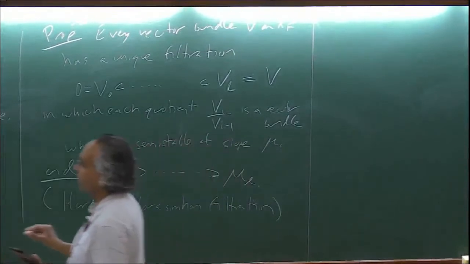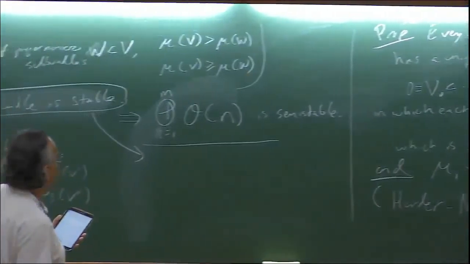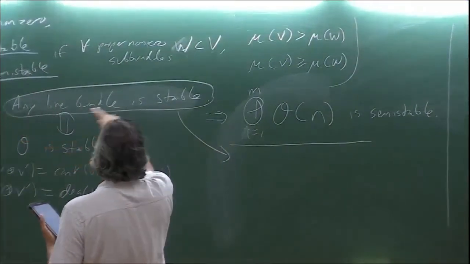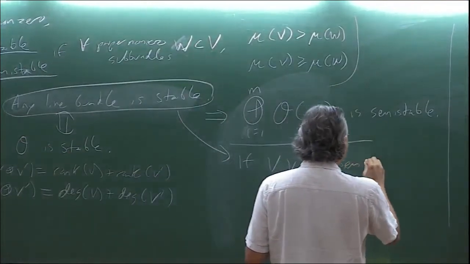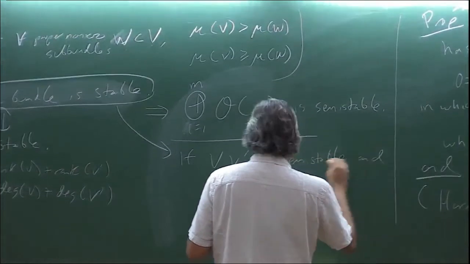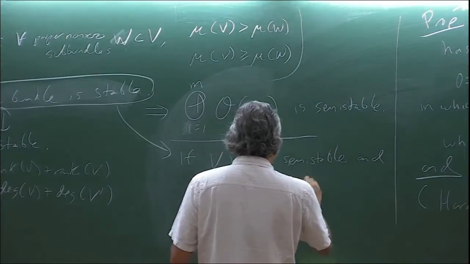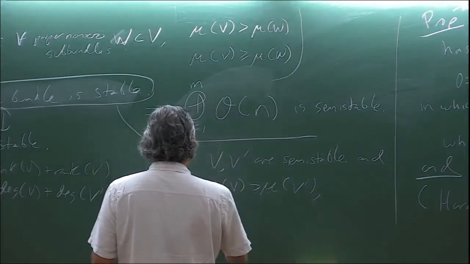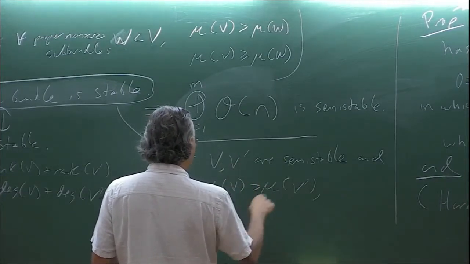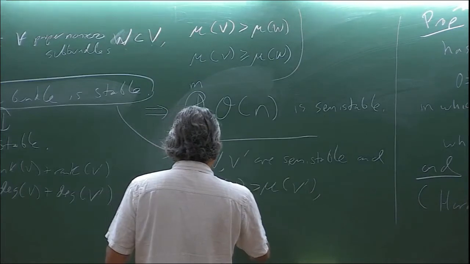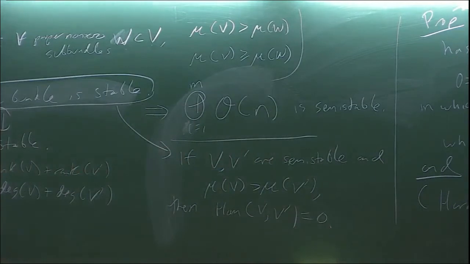I should make a comment, just for orientation purposes. One consequence of this is that if V and V prime are semi-stable, and mu of V is bigger than mu of V prime, then there are no morphisms from V to V prime other than zero.